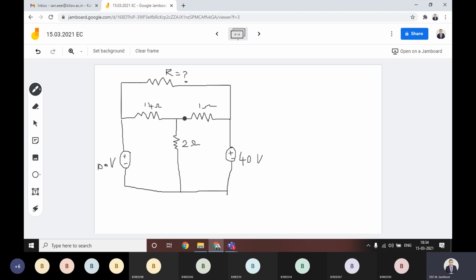What I am doing is a combination of same KVL and KCL. First, at this node, if you apply the KCL, 23 ohms.